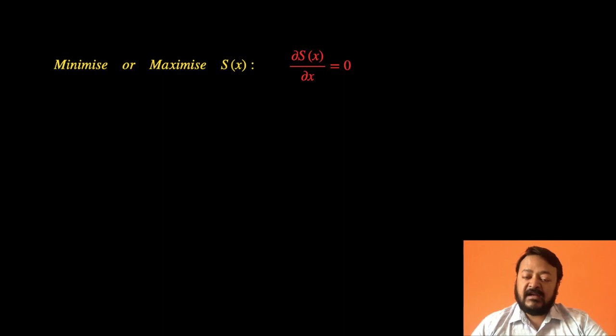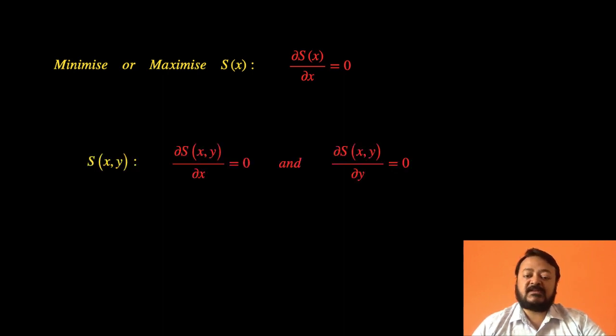Now you may have a little more complex situation where instead of a function of one variable, you have a function of two variables. In that case, you will have to take a partial derivative of this function s with respect to x and then with respect to y, equate both of them to 0, and then solve the resulting equations to get x and y at which the function is minimized or maximized.